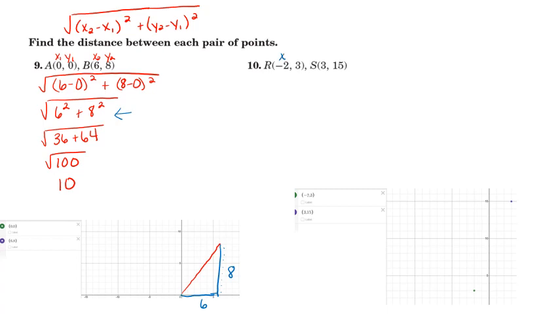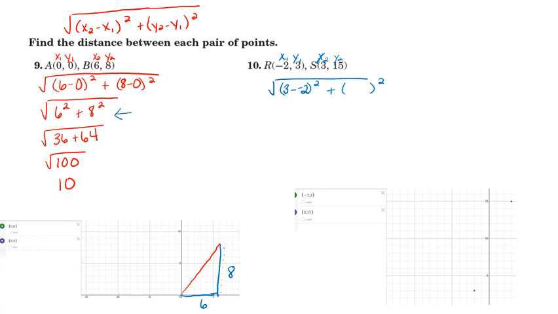Again, I'm going to label x1, y1, x2, y2, square root, squared, squared. So let's see, y2 minus y1.